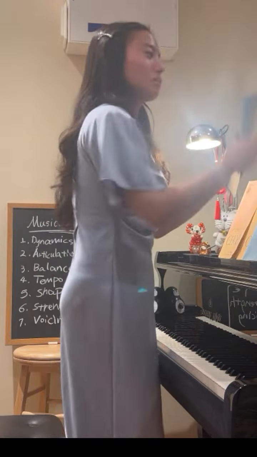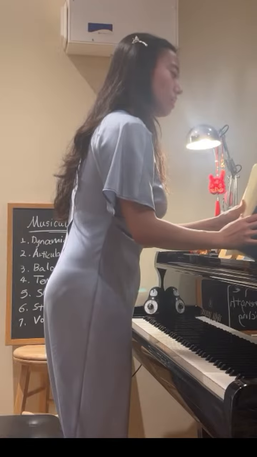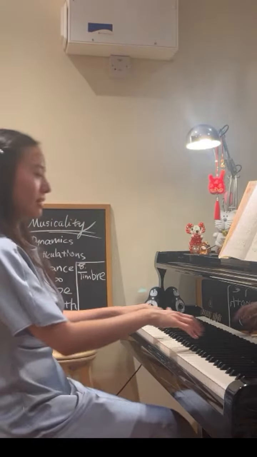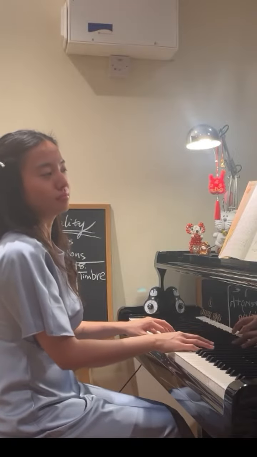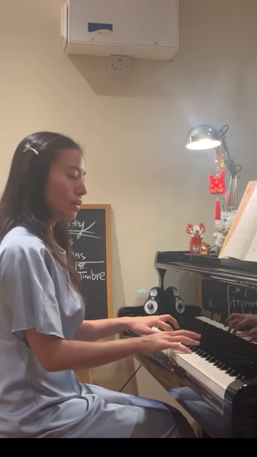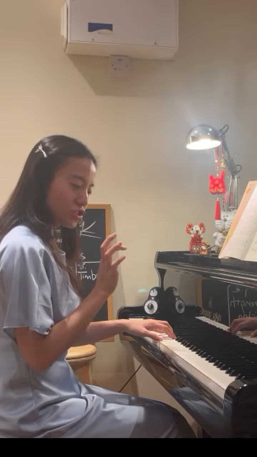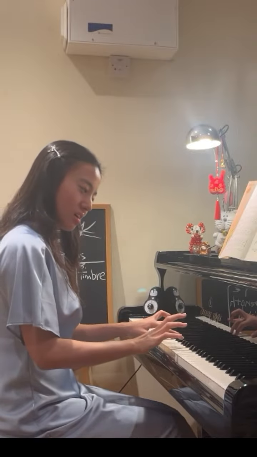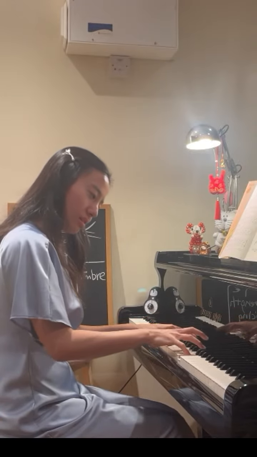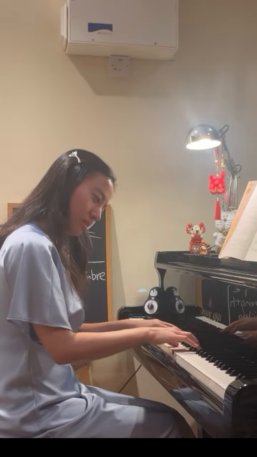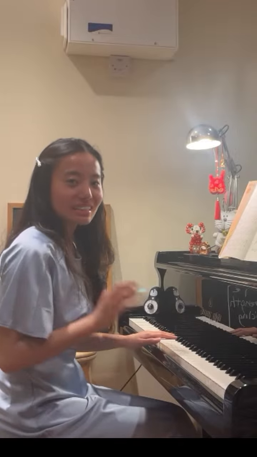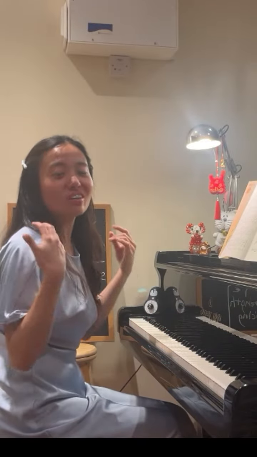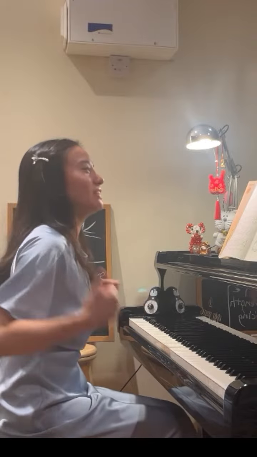But let's go back to Schumann again. For Kinderszenen, same thing again. If I have a very sharp touch, it doesn't suit the musicality, isn't it? The character is not a sharp, aggressive, decisive character.